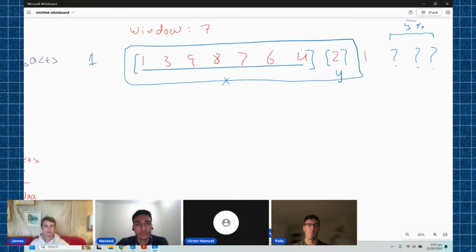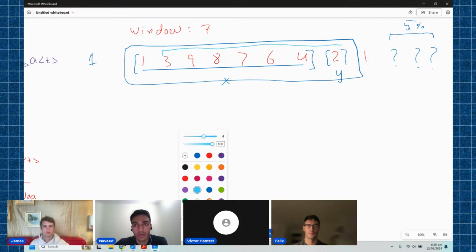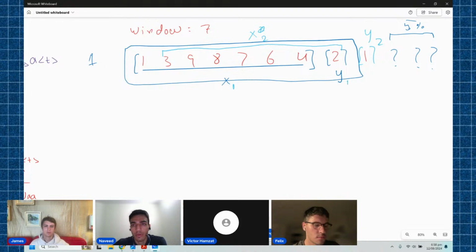To form the second training example, I take these, starting from here and going up to here. Now this becomes the X of the second example, and this becomes the Y of the second example. So this is X2, Y2. That was X1, Y1, and so on.